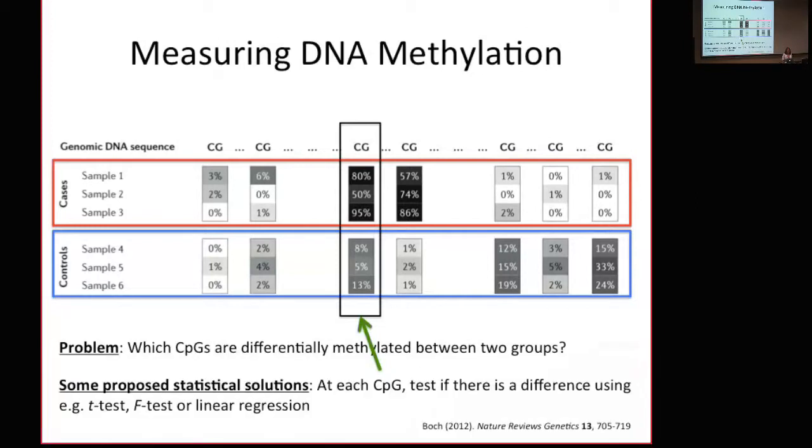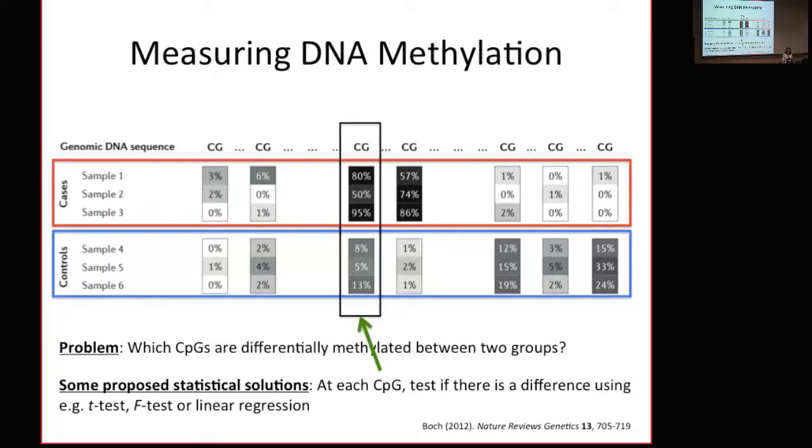If you are familiar with any basic statistics, you probably have heard of a t-test or a linear regression model. All of these have been proposed and written on in an attempt to find differentially methylated CpGs.